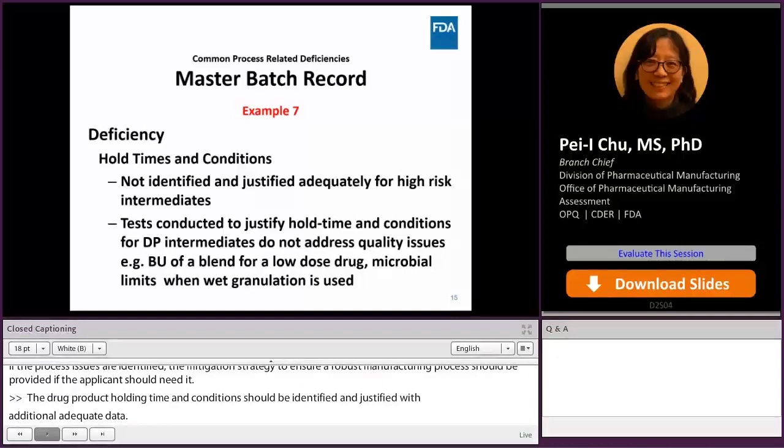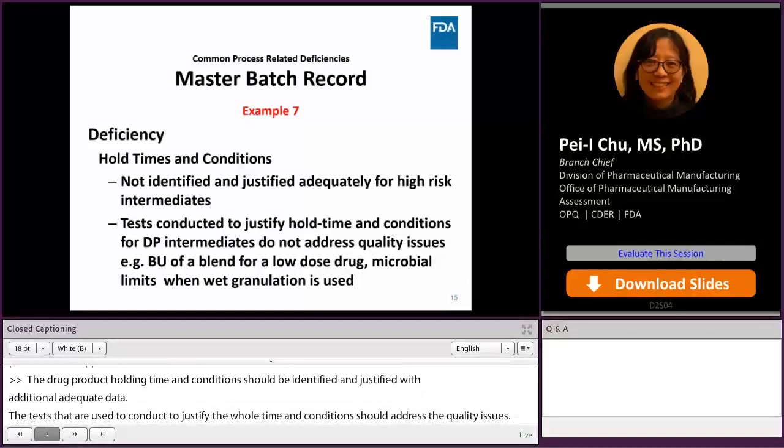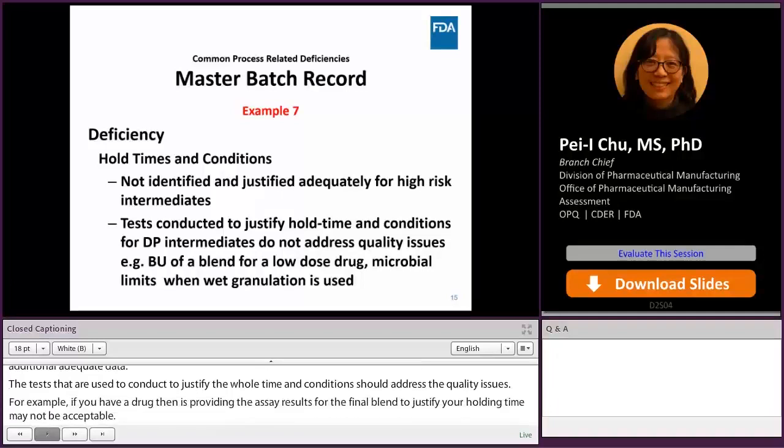For example, if you have a low-dose drug, then just providing the assay results for the final blend to justify your hold time may not be sufficient. We would like to see the BU data as well. And in addition, if you're proposing a hold time for the granulation fluid, then microbial limits may need to be provided.